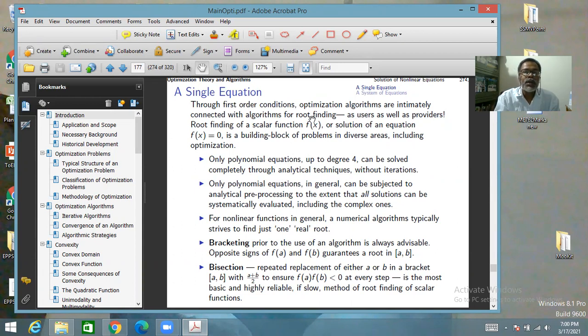Okay. So root finding of a single equation in a single unknown, f(x), an ordinary single equation. This is a building block of problems in many areas. In whichever area you work, now and then you get equations which are nonlinear. Single equations you get almost anywhere.